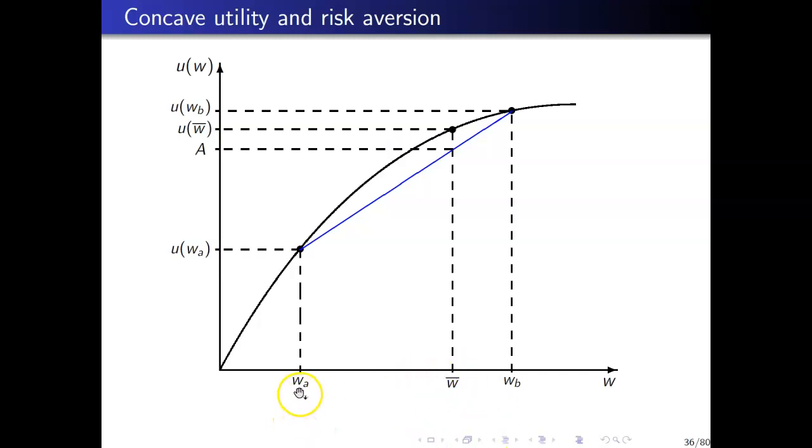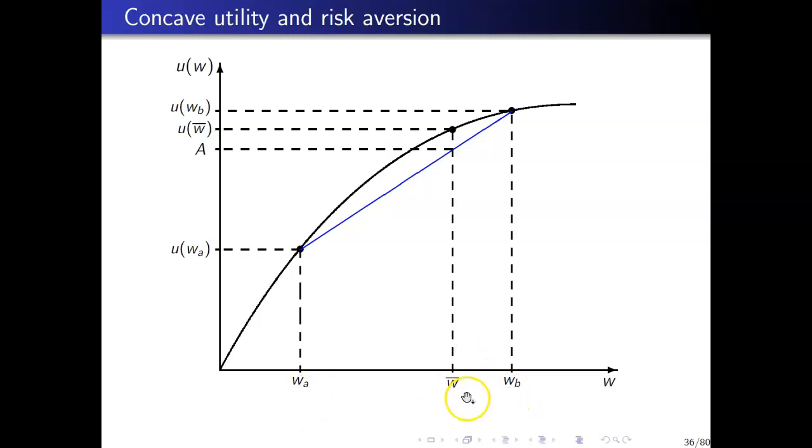If the probability of A was 50%, probability of B 50%, W bar would be right in the middle. If the probability of B occurring is larger than the probability of A occurring, then the expected wealth will be closer to WB than WA, which is the case here.